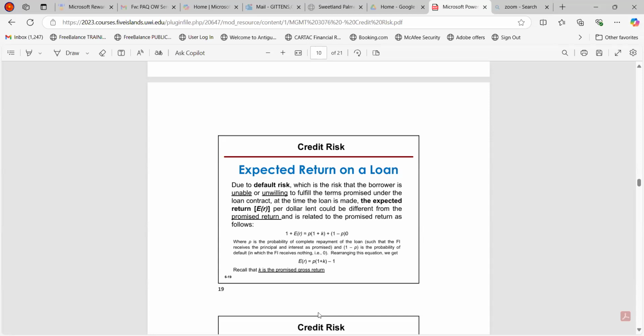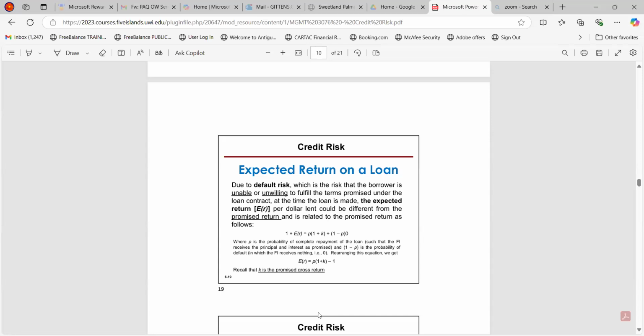Because there's default risk, the financial institution wants to have an idea what the expected return on the loan is going to be per dollar lent to the lender. So the expected return can be different from the promised return. And so we're going to look at the expected return versus the promised return.